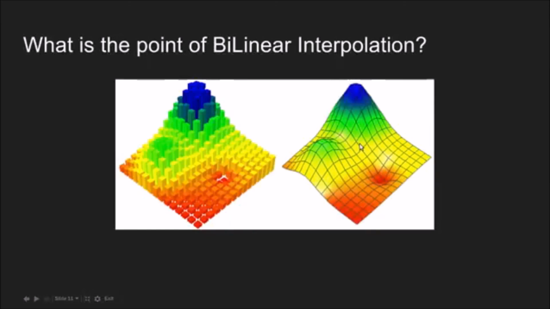The bilinear portion of this, when we say bi, what we mean is that we're working in 2 dimensions to do the interpolation.